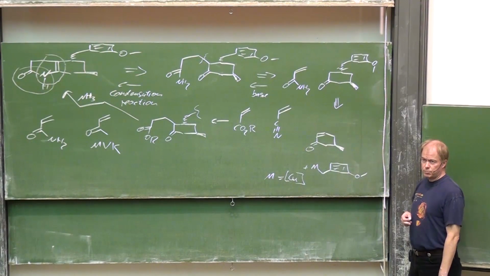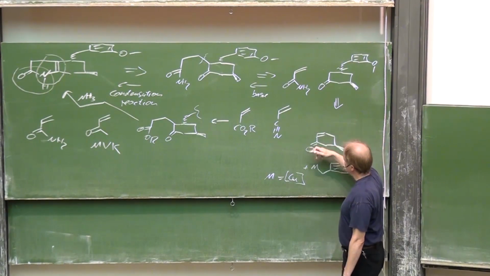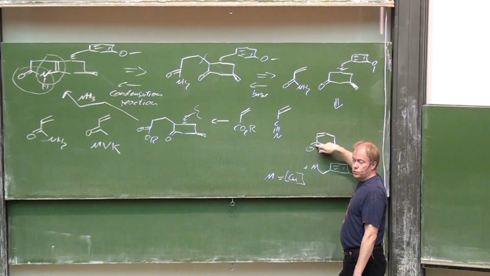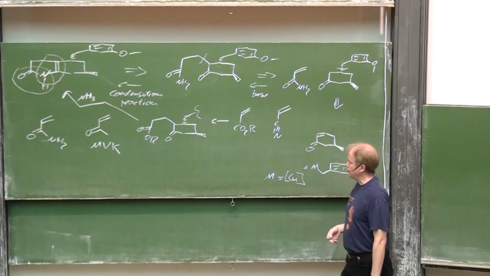And of course, if we perform that in a one pot reaction, having then already the enolate in there, well, you have to use some solvents that stabilize your enolate, and then you can trap the enolate directly, well, for instance, with the acrylic acid ester.